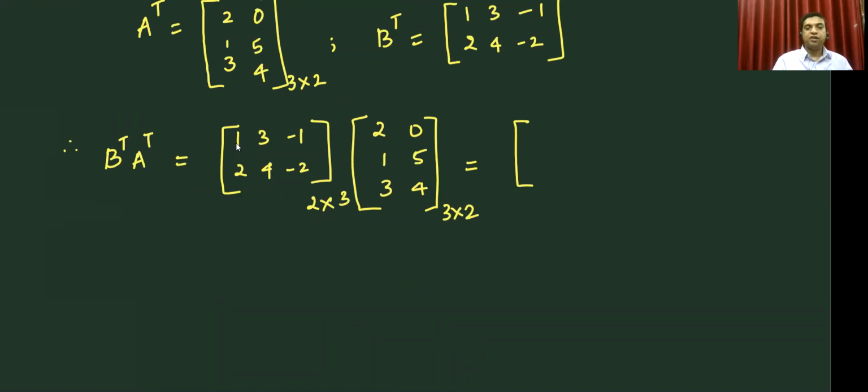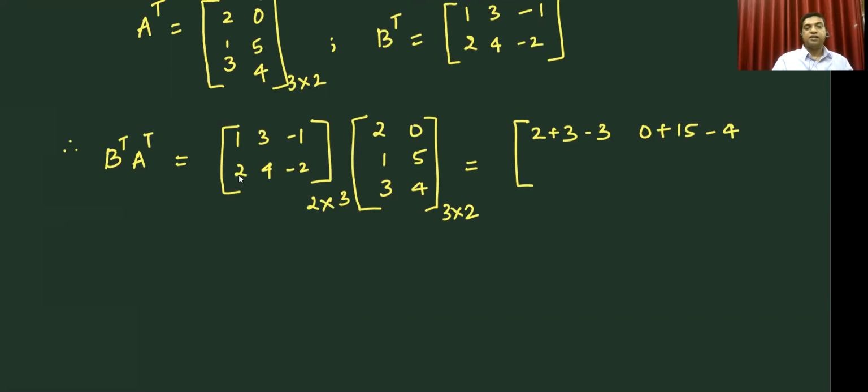Now let us start. The first row gets multiplied by the first column. So 1 into 2, 2, 3 into 1, 3, minus 1 into 3 is minus 3. And first row, second column: 1 into 0, 0, 3 into 5, 15, minus 1 into 4, minus 4.